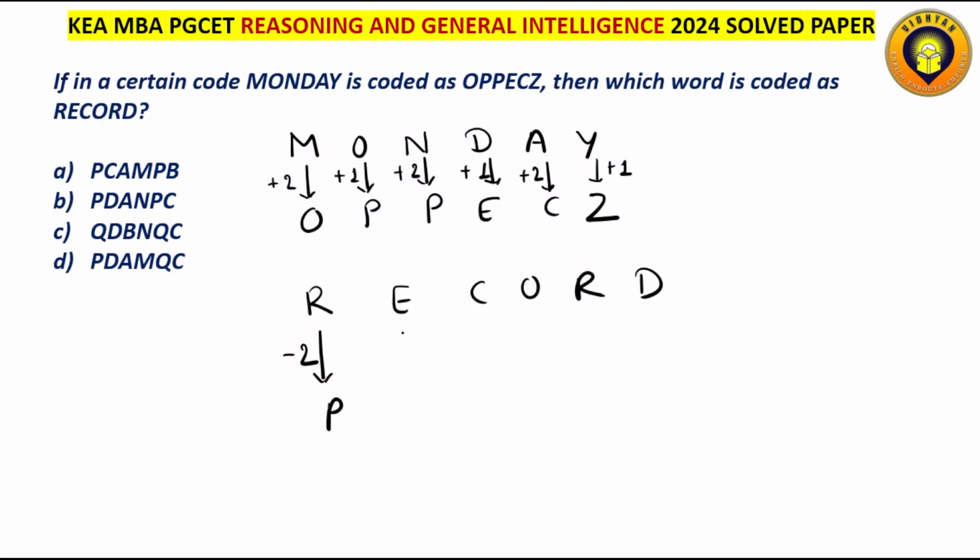P, Q, R. Then minus 1, E minus 1 is D, right? DE. Then again minus 2 you have to do, which is A, B, C. A will come, then minus 1 means N, again minus 2 means P, then minus 1 means C. So P, D, A, N, P, C, option B.